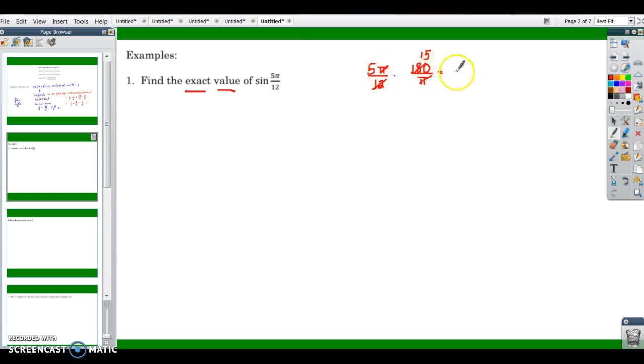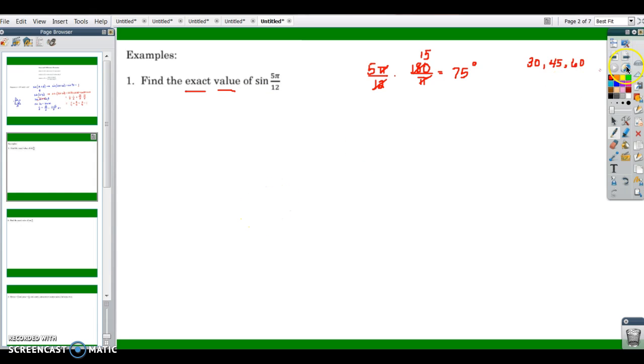And 5 times 15 is 75. So 5 pi over 12 radians is equal to 75 degrees. Now, using combinations of 30, 45, and 60, I could come up with a way to get 75. Again, they're looking for the exact value, so I can't just plug sine of 75 into my calculator. That's going to give me a decimal approximation.